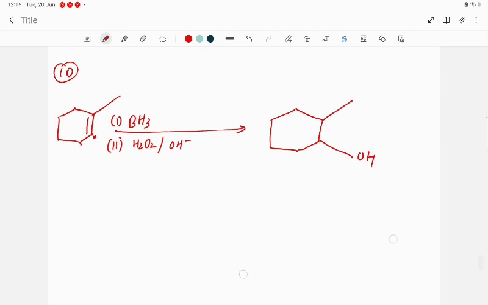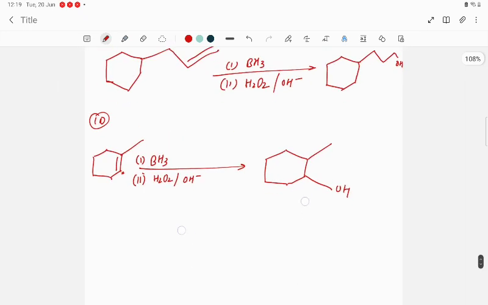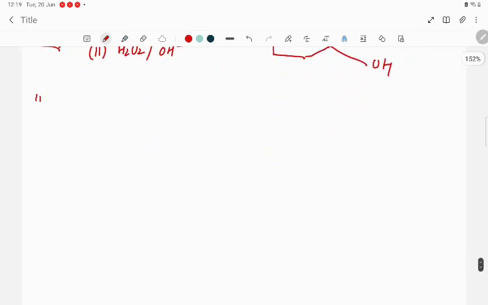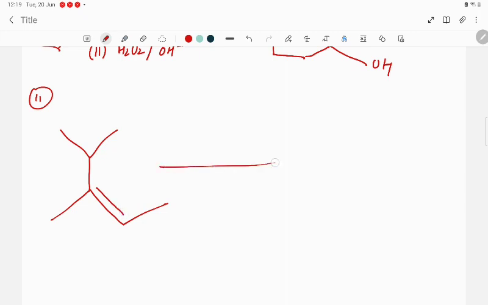One more example you can take, student. Okay, problem number 11 we are talking about, student. If you are seeing this one, this is the double bond, friend. Now you are treating with BH3, student, and second H2O2 in the basic medium. So you see, student, 1 2 3 4, there are 0 hydrogens at this position, right student?